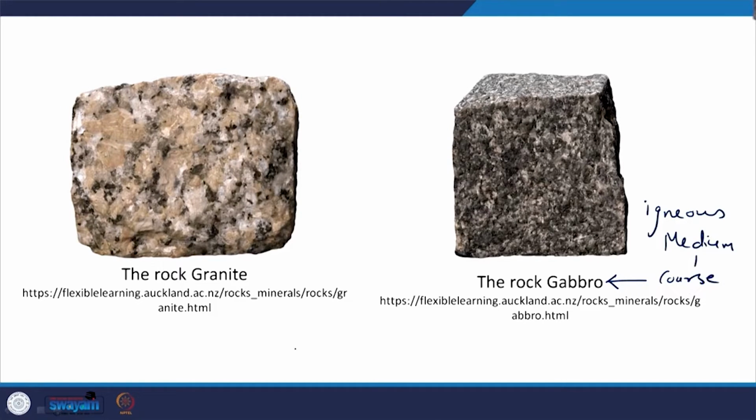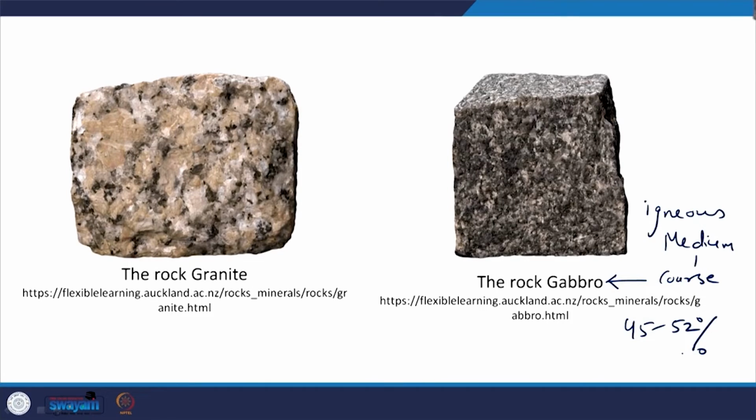Okay. Silica content in this case is smaller than that of the granite, and that is 45 to 52%. This has a use as aggregate, fill, etc. in the construction and for road construction as well.